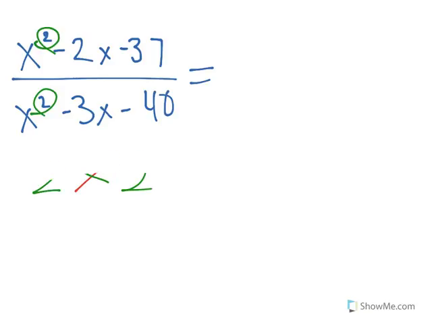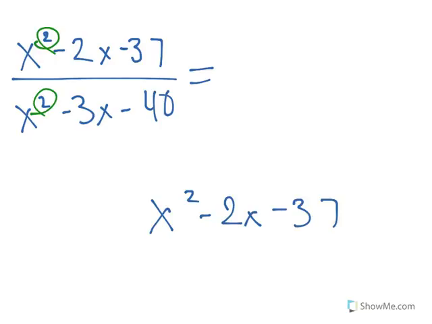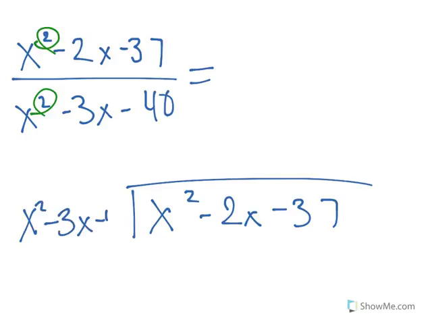First we must divide the two polynomials. So we put our numerator inside the little house, and we divide it by the denominator. How many times do you multiply x squared to get x squared?